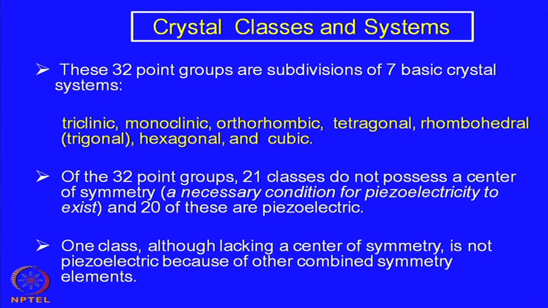These are the basic difference between crystal classes and crystal systems. Some of these crystal classes are grouped under different crystal systems. So, we have 7 different crystal systems, and they are quite familiar names to us by now. These are triclinic, monoclinic, orthorhombic, tetragonal, rhombohedral, or sometimes called trigonal, hexagonal and cubic.